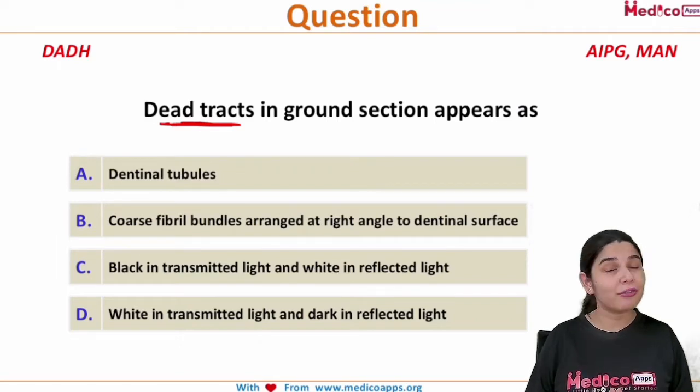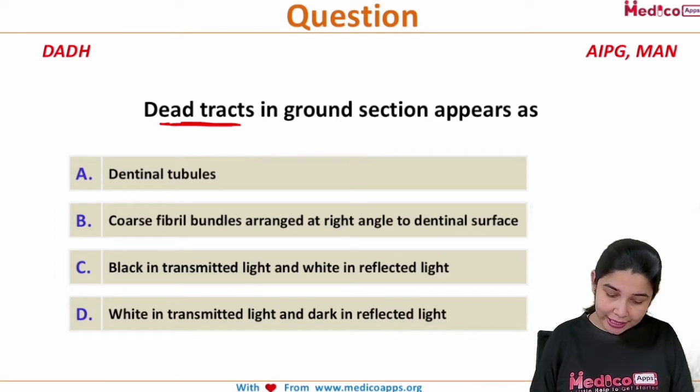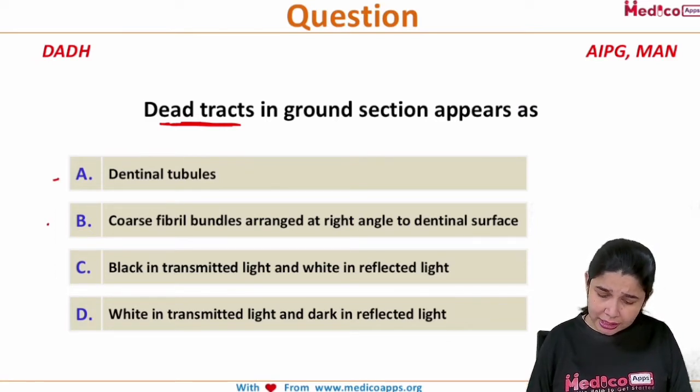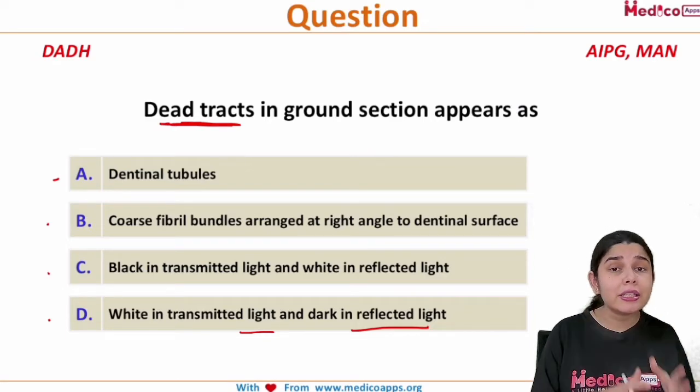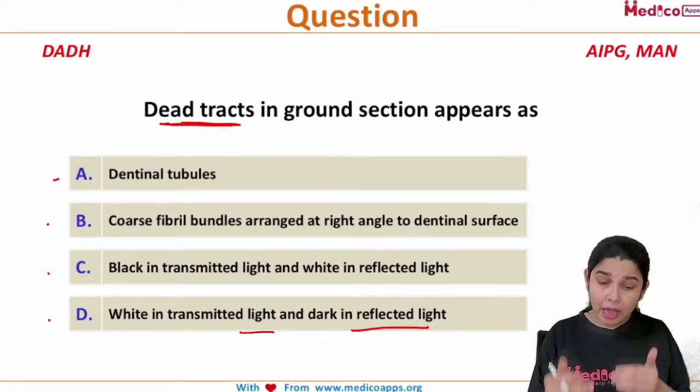The options are: A, dentinal tubules; B, coarse fibril bundles arranged at right angle to the dentinal surface; C, black in transmitted light and white in reflected light; and D, white in transmitted light and dark in reflected light.